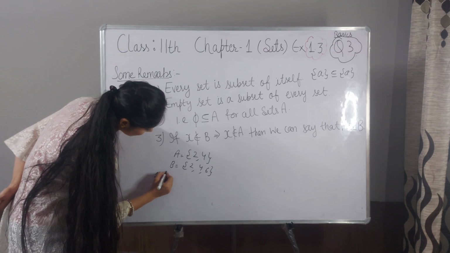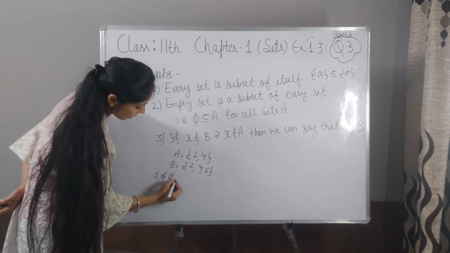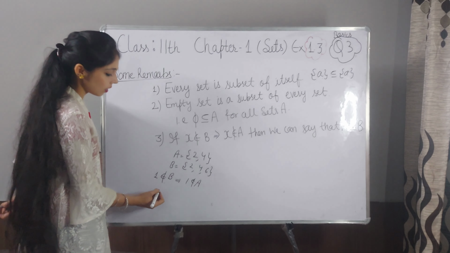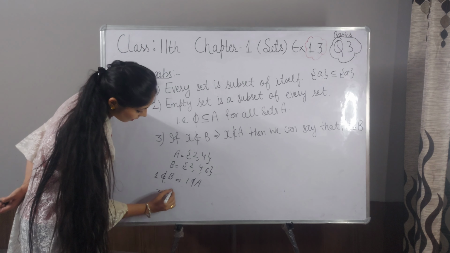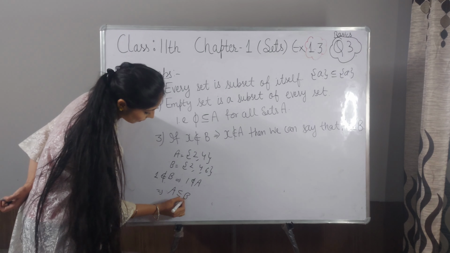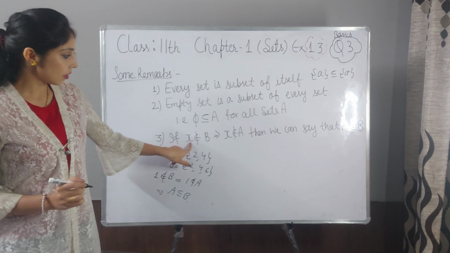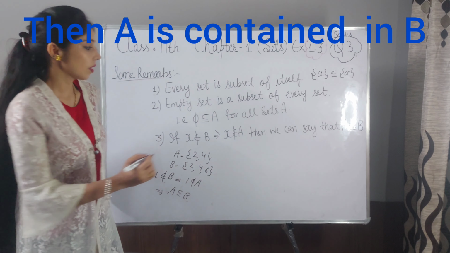Here 1 doesn't belong to B, which implies that 1 doesn't belong to A. Then we can observe that this set is contained in a bigger set. If we have an element which is not in B, this will not be in A.